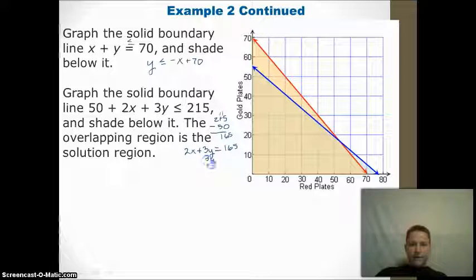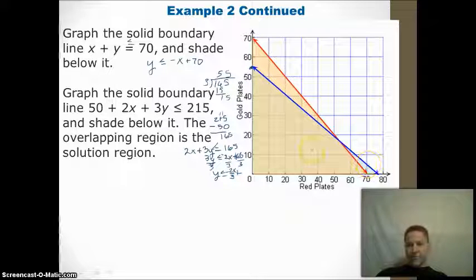Then you would have 3y, we have a less than here, is less than or equal to negative 2x plus 165, and then you divide by 3. So you have y is less than or equal to negative 2/3 x plus, and then you take 165 divided by 3. That's 55. So your y-intercept is 55, and then your slope is negative 2/3.